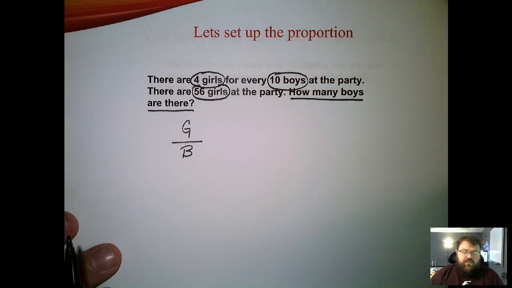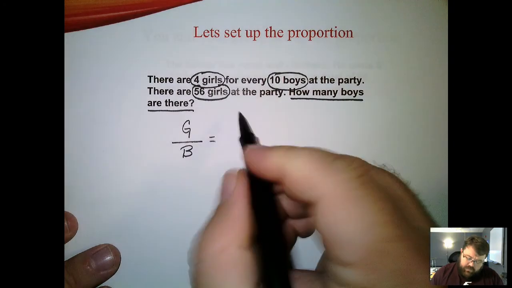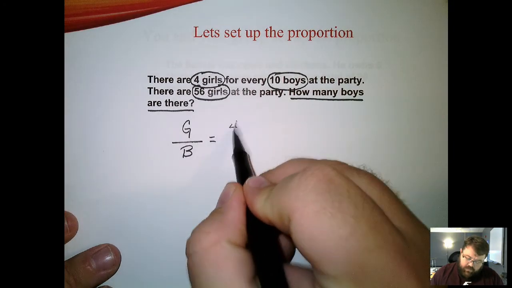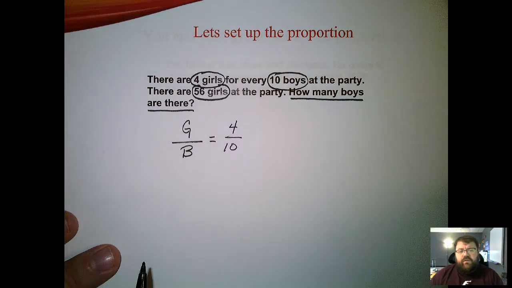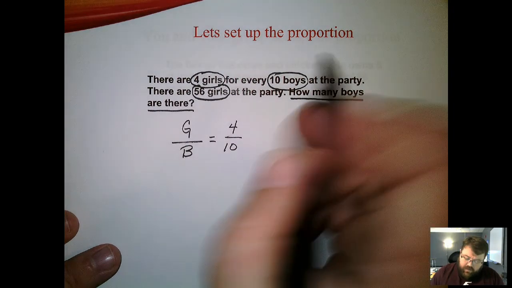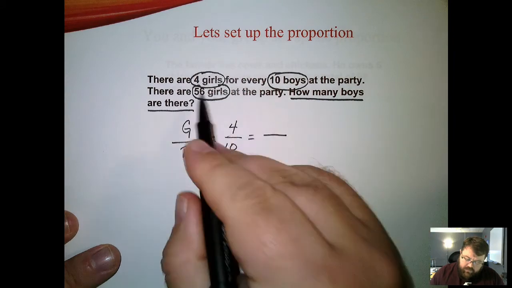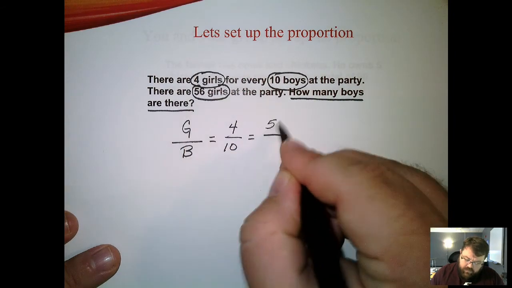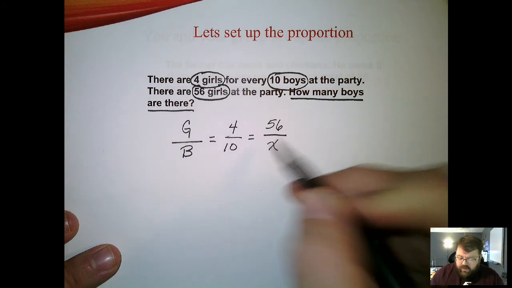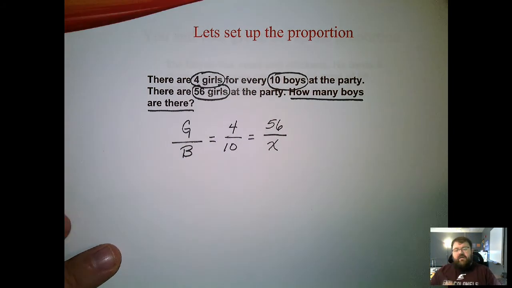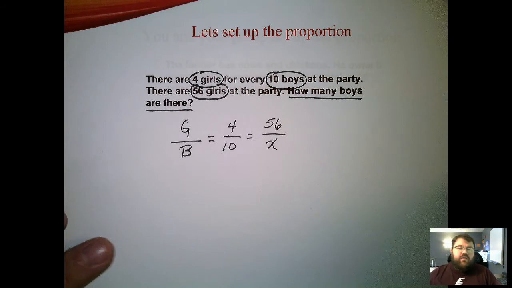In our given ratio, it compares 4 girls to 10 boys. Our third number is 56 girls. Here's our empty spot, so I have X. Pause the video and answer the question.